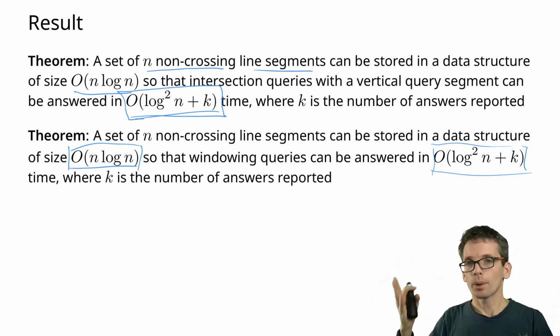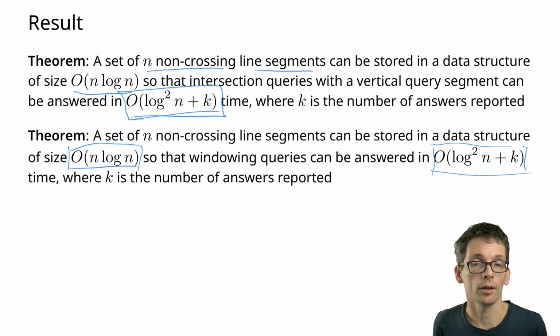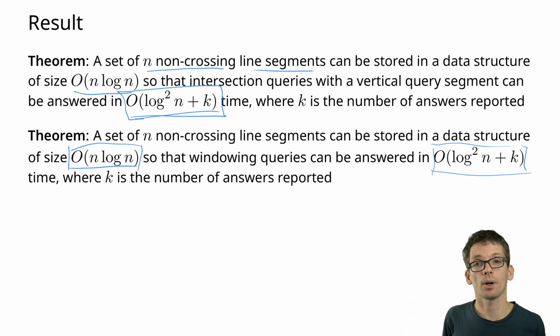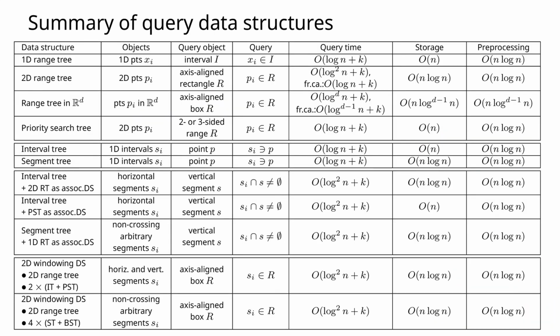To sum up the complete lecture about range searching and windowing query searching, here you have a big overview of range searching data structures, then interval stabbing data structures, then data structures that solve parts of windowing queries, and then windowing query data structures.